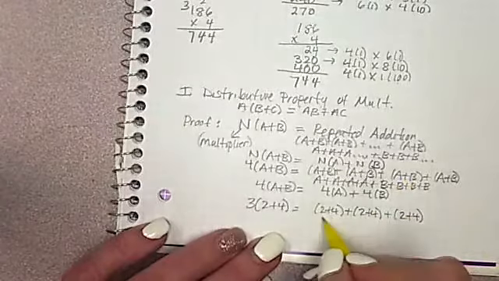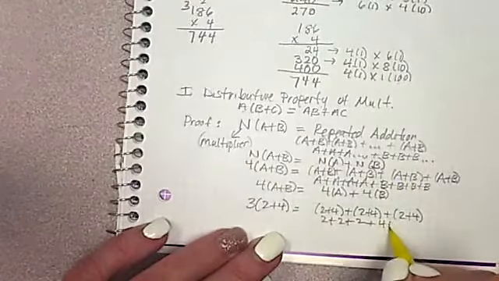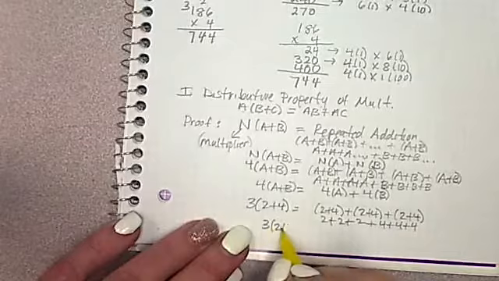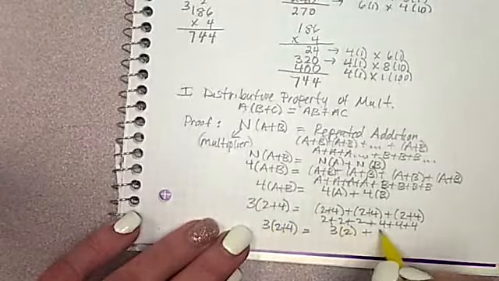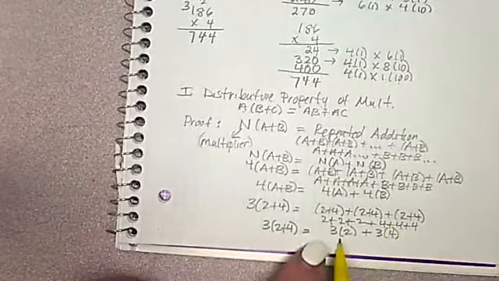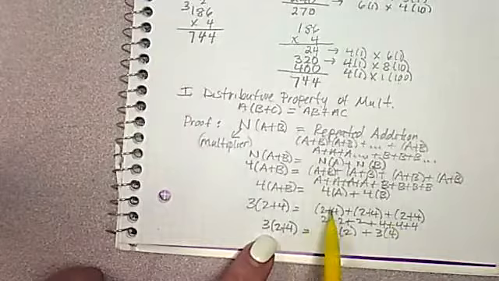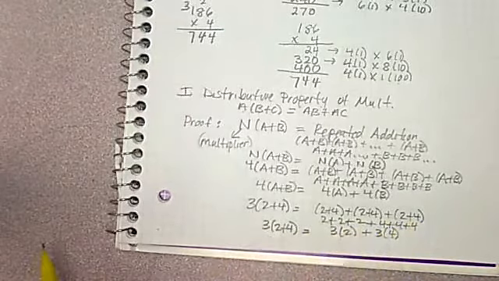So we're going to add 3 2's, plus we're going to add 3 4's. You could continue to finish your answer here, but we're just showing the proof of the distributive property. So repeated addition, with your multiplier of how many of each.